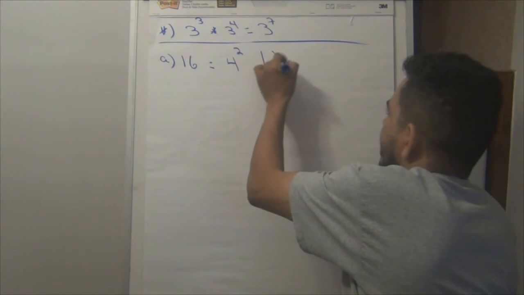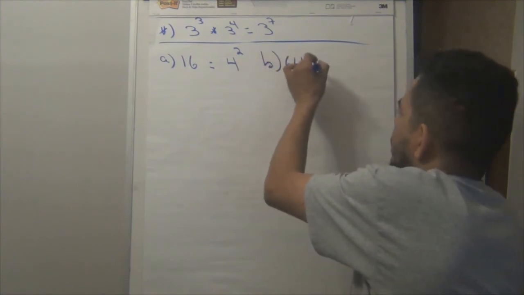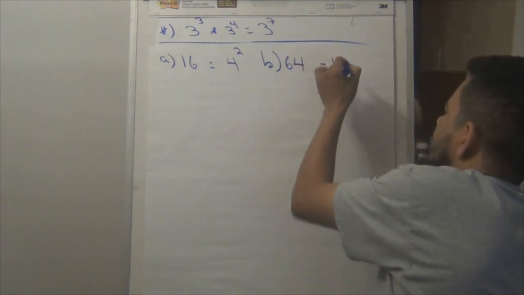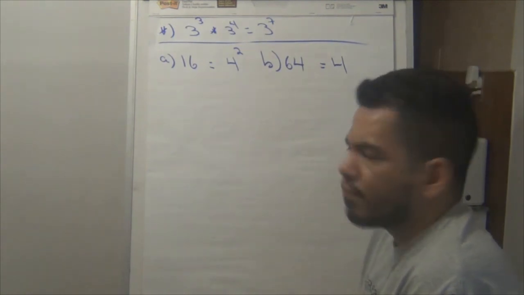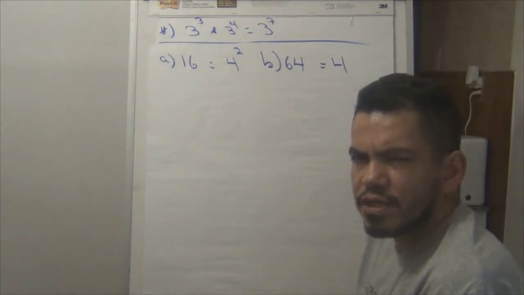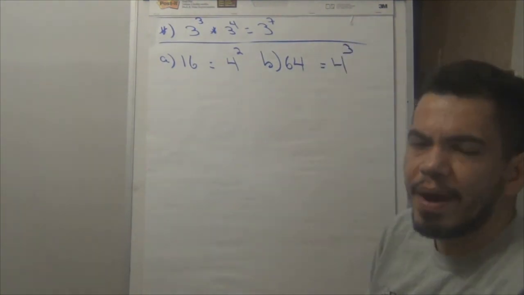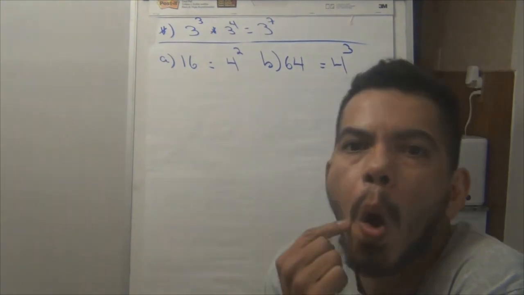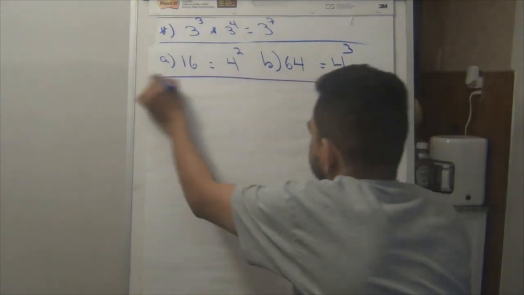B, how can I express 64 as 4 to the something power? So let's see, 4 times 4 is 16, times 4 is 64. Oh my god, yes! 4 to the 3rd power. See? Okay, so we're done with that.